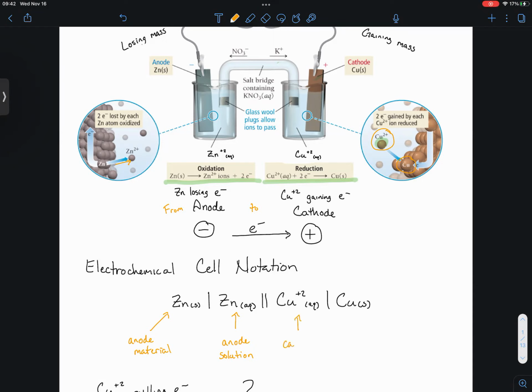And then we list our cathode solution, followed by our cathode material. So this right here is just a way of summarizing what's going on in your particular battery, packaging that information into something a little bit more convenient.